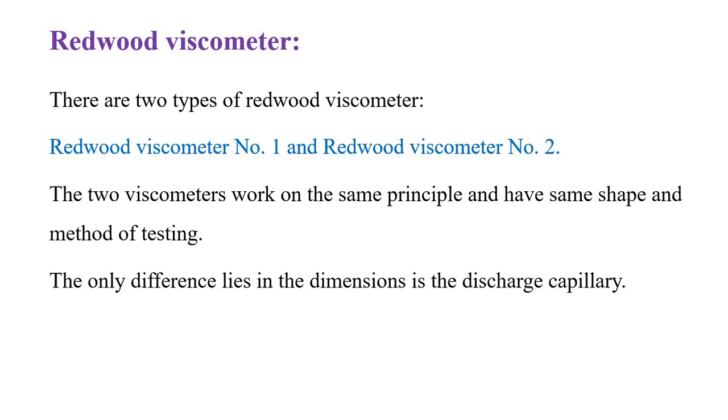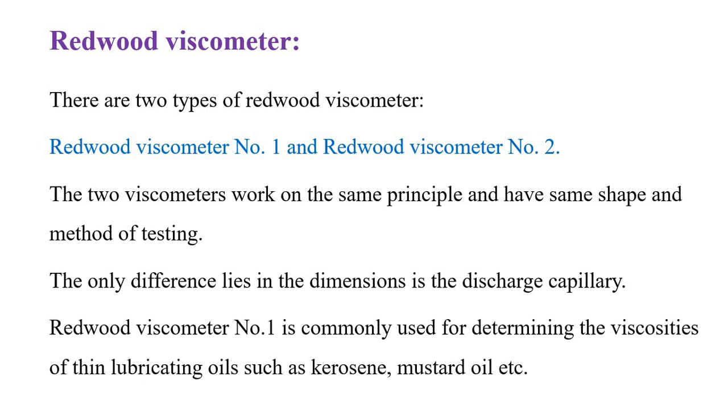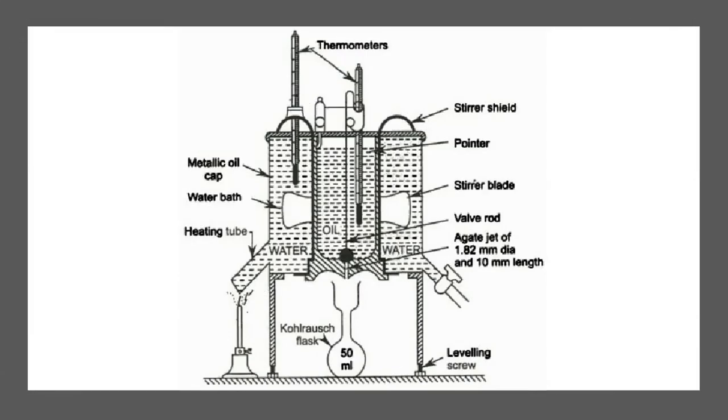Redwood viscometer number 1 is usually used for determining the viscosities of thin lubricating oils such as kerosene, mustard oil, etc. So this is the diagram of Redwood viscometer.